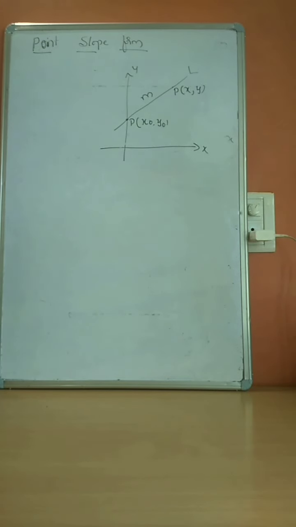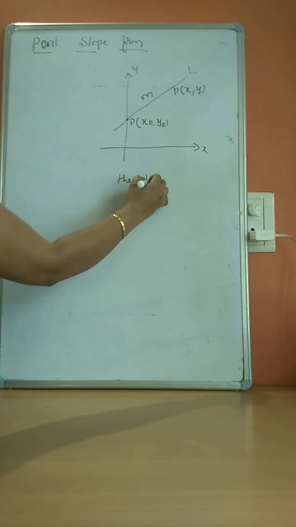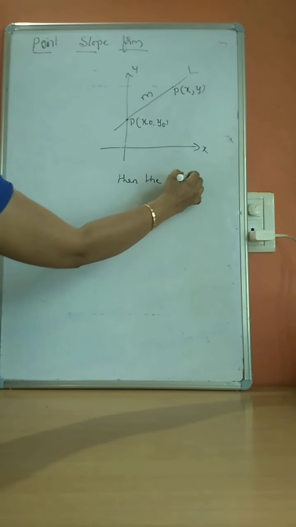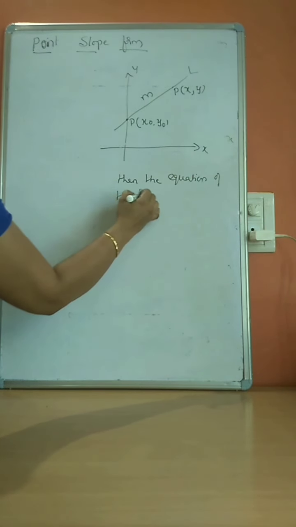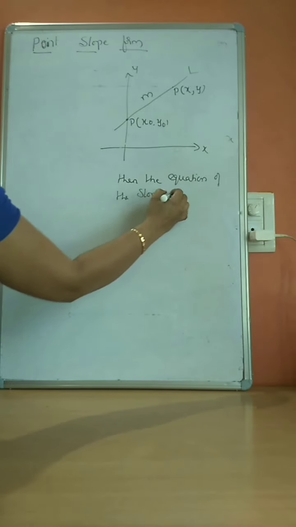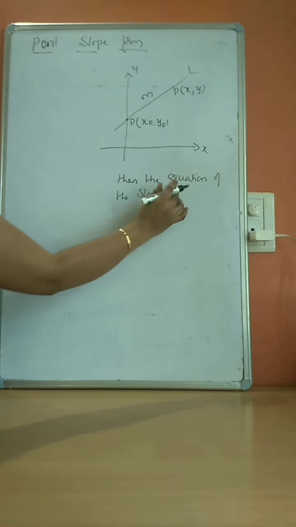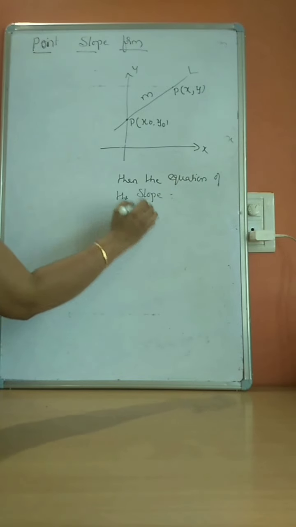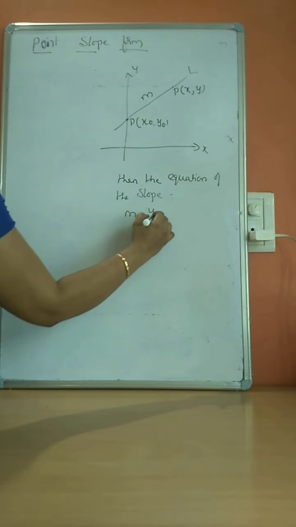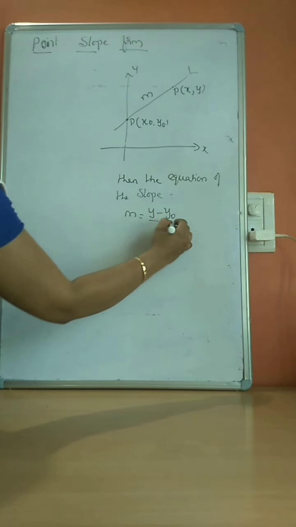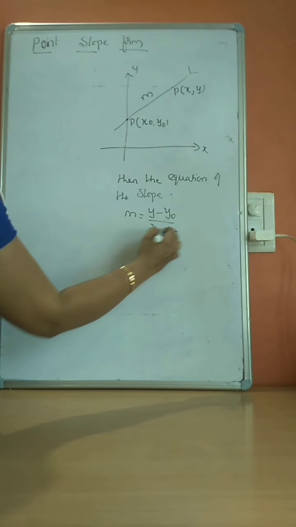Then the equation of the slope, so we go for finding the equation of the slope, that is m must be equal to y minus y naught whole thing divided by x minus x naught.